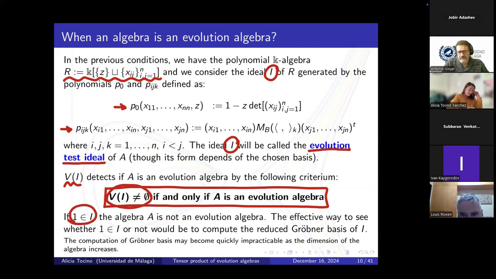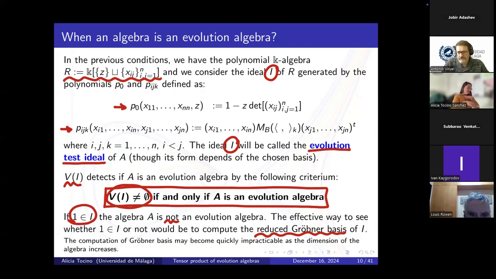If so, then A is not an evolution algebra. But this computation of the reduced Gröbner basis of an ideal becomes impracticable as the dimension of the algebra increases.